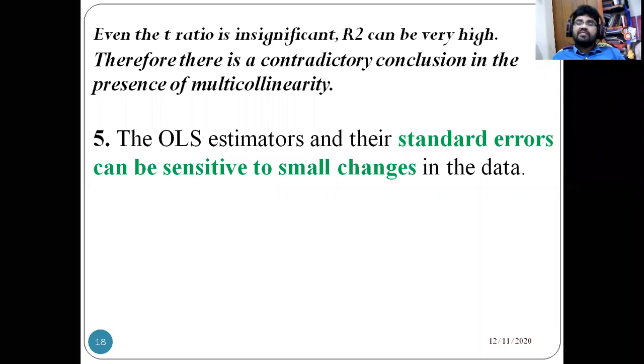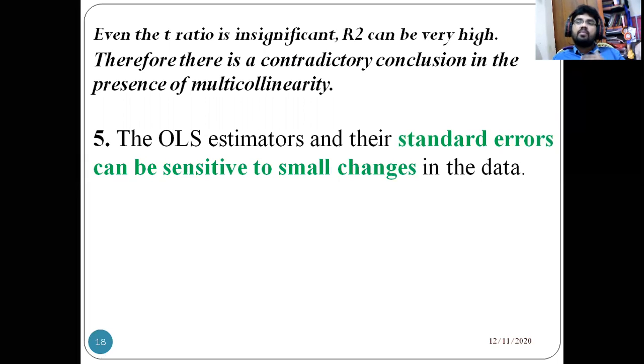The student cannot influence the teacher significantly, but the influencing capacity is high. You may not influence me significantly, but the influence is very high. That is the R square value.